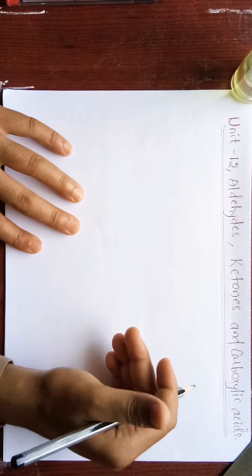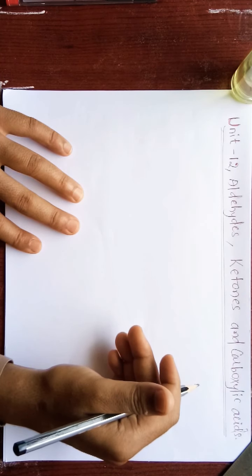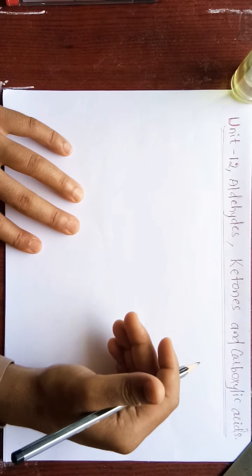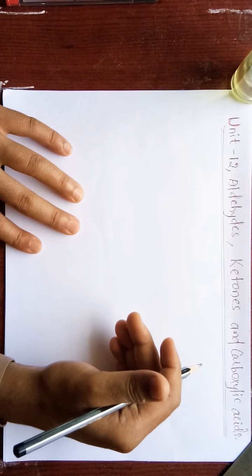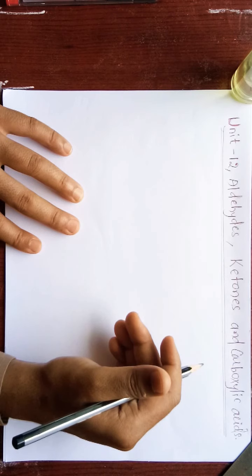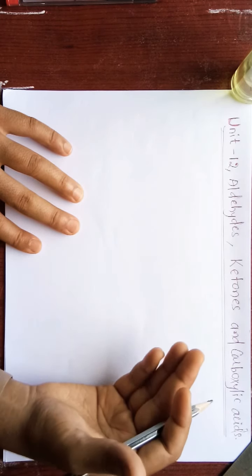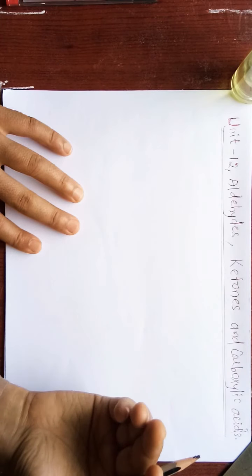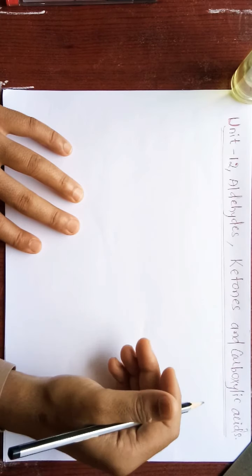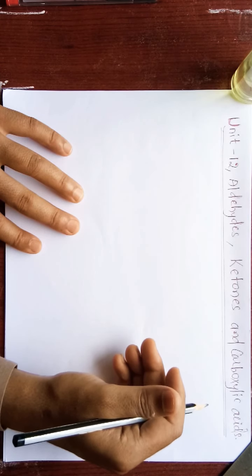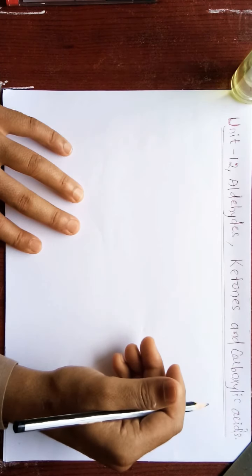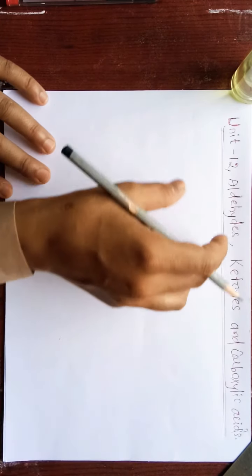We are going to study them once again in this chapter, with some chemical properties, physical properties, some IUPAC names, and also we will see where these compounds are used in our day-to-day life. So students, let us start our discussion with the introduction of this chapter.